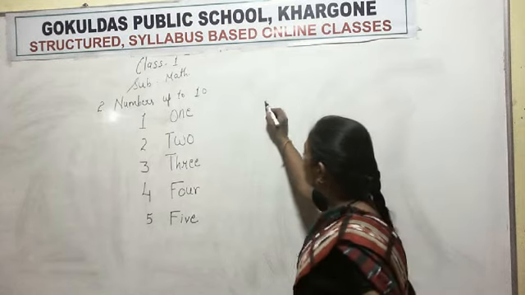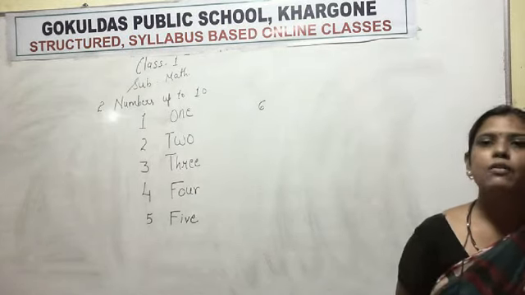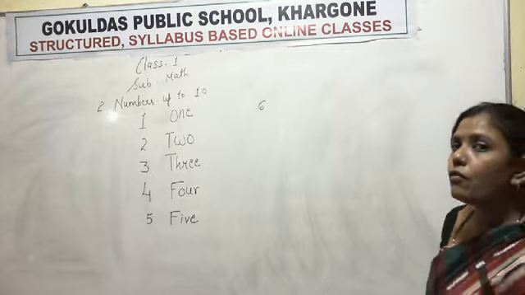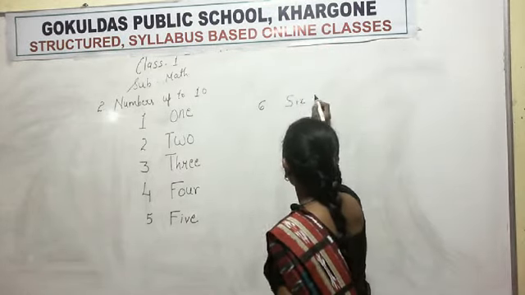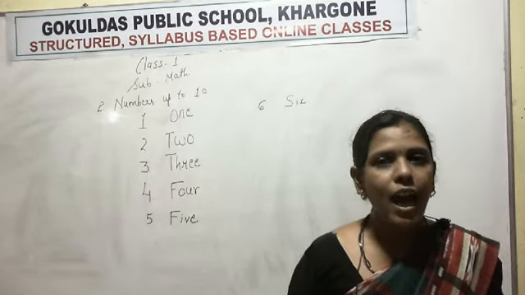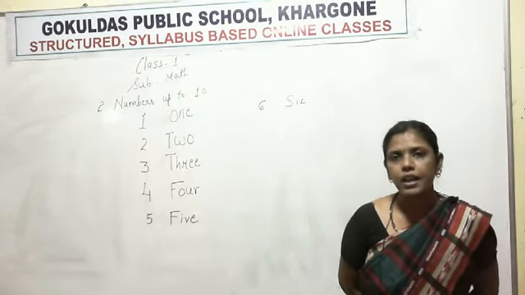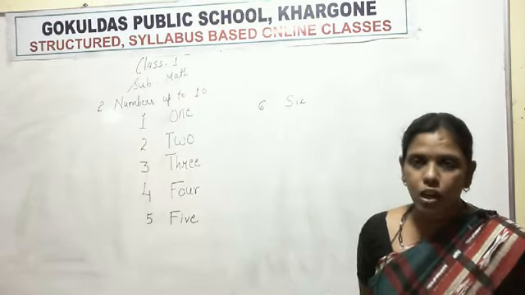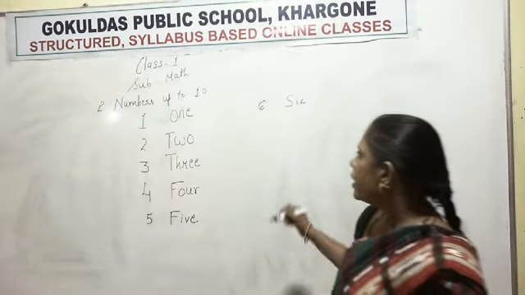What is the next number after 5? The next number after 5 is 6. What is the spelling of 6? S-I-X, 6. Repeat. S-I-X, 6. What is the next number? The number after 6 is 7.